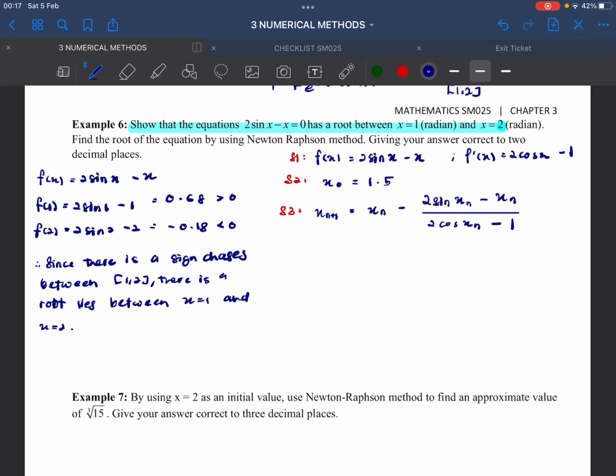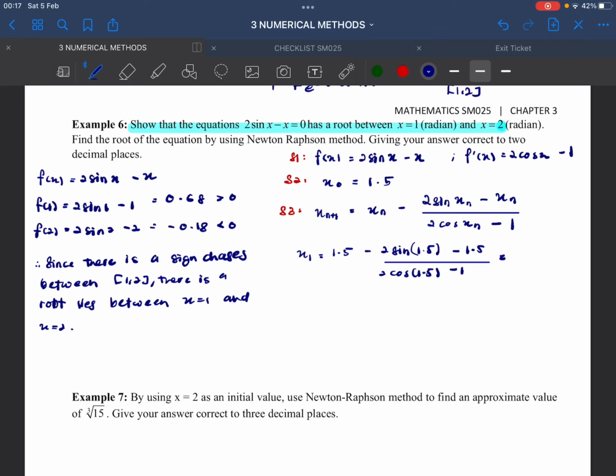Okay, let's just write the substitution first. So here is x1, your xn is your x naught, 1.5 minus 2 sine 1.5 minus 1.5 over 2 cos 1.5 minus 1. Okay, so now instead of kita substitute everything in the calculator, kita guna apa yang saya dah ajar tadi.